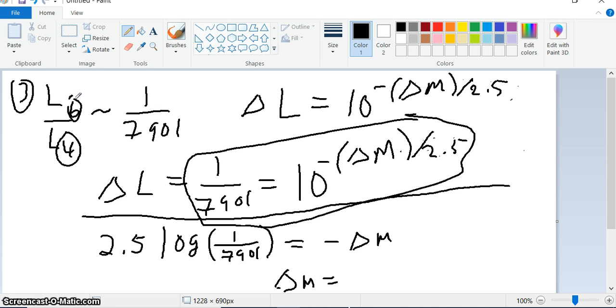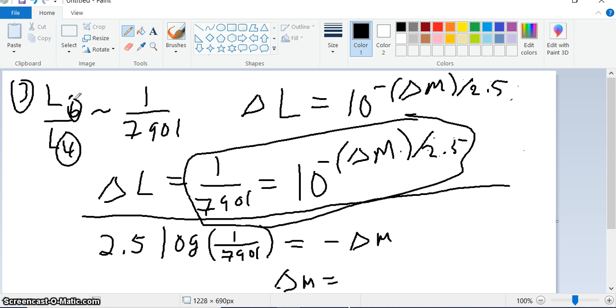So just do this in your calculator. Take the logarithm of 1 over 7,901 and then multiply that by 2.5. You're going to get a negative 9.74. But remember, you got the negative over here, then that'll cancel.